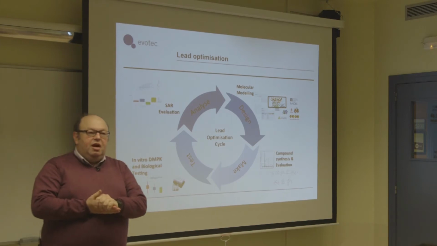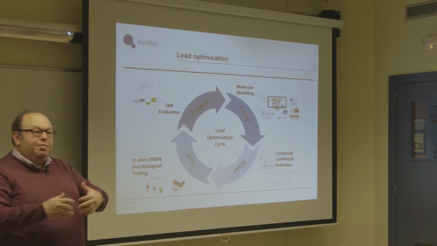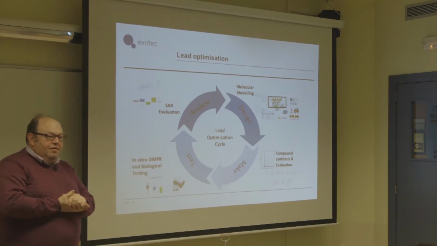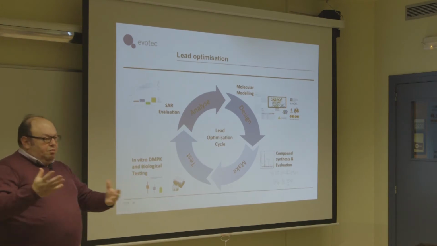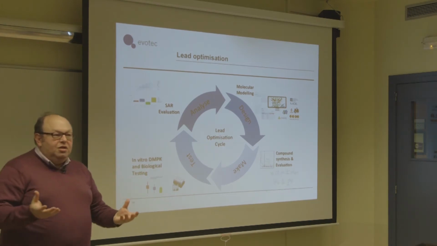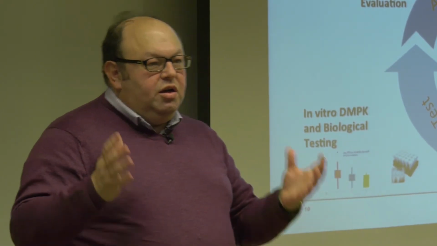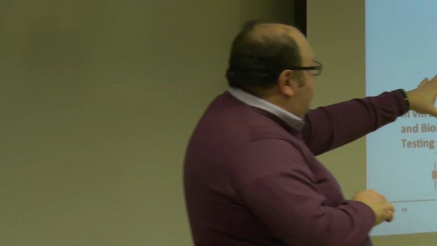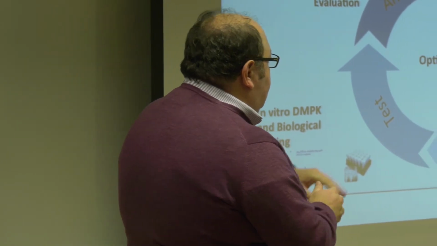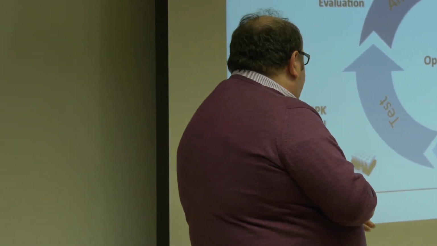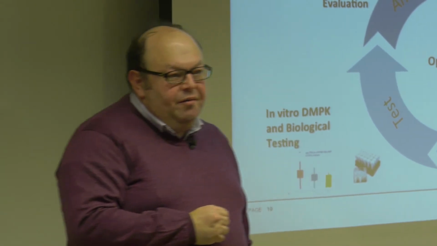Models can have different definitions. It can be hypotheses that we have. It can be molecules, proteins that we build. It can be different ways, and I will extend on the modeling in the second part of my presentation. The next will be making the compounds and testing these compounds. This is how lead optimization works.